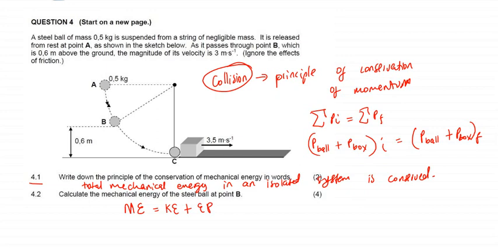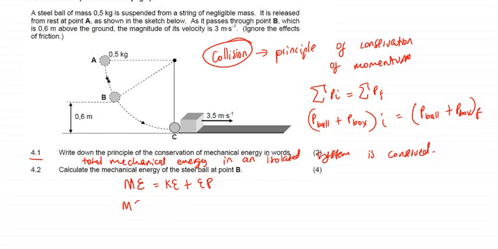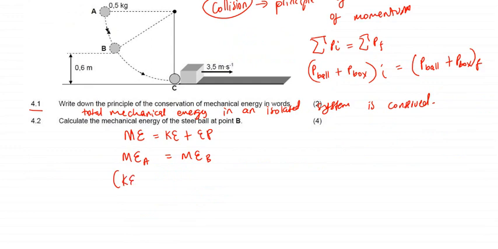You usually have to say mechanical energy at point A is going to be equal to the mechanical energy at point B. This is how you use it. So you're going to say kinetic energy plus potential energy at point A is going to be equal to kinetic energy plus potential energy at B.